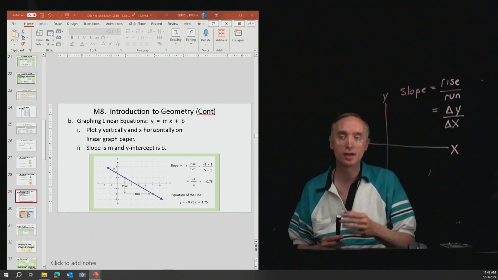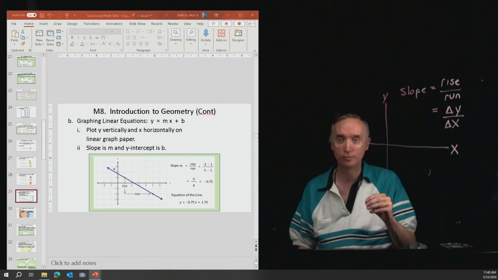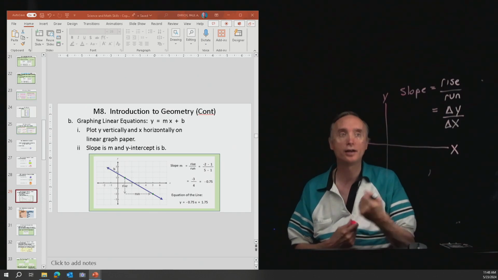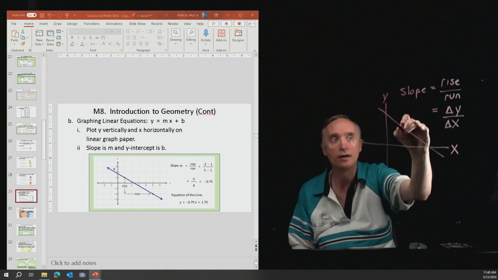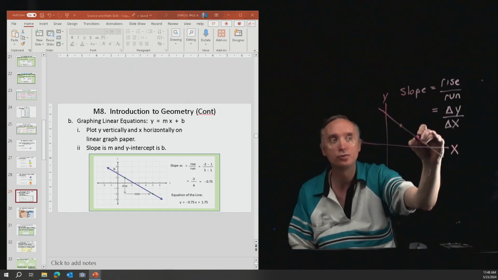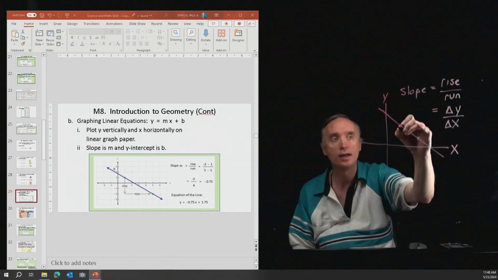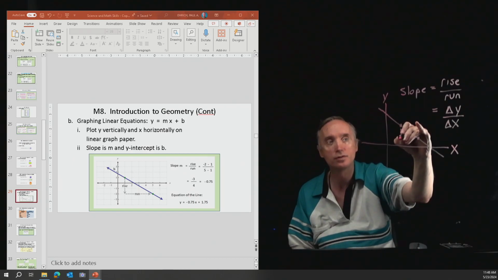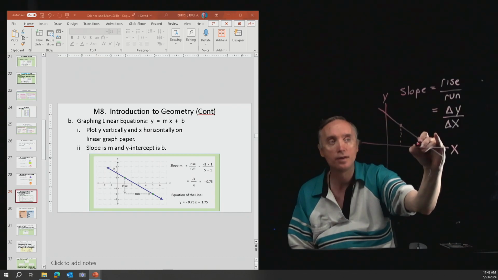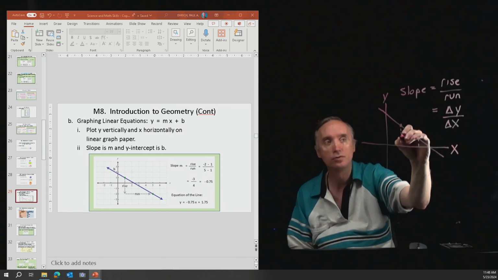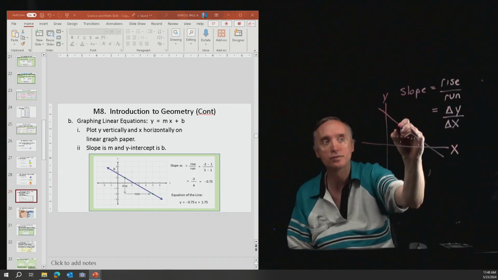Here's an example where I've plotted it on a piece of paper, and then you find any 2 points that are on the graph. So find 2 points on the graph, and then for each of those points you're going to go down to the x-axis, and then you're going to go over to the y-axis.